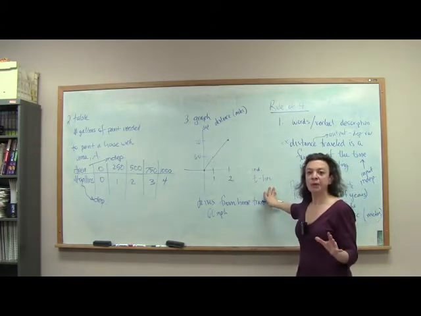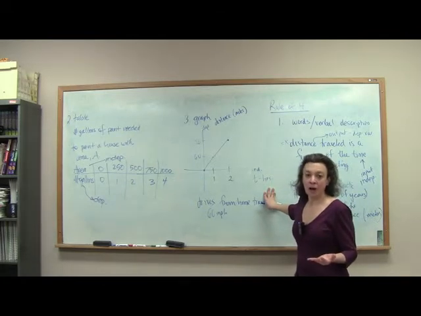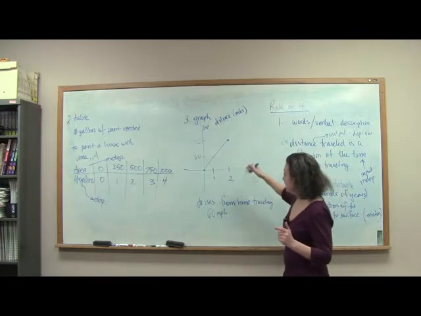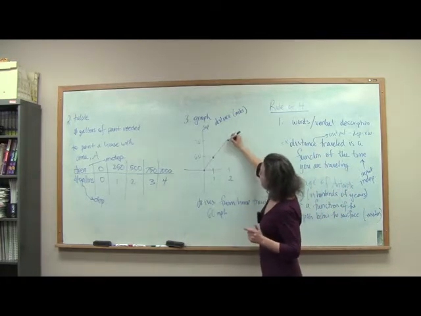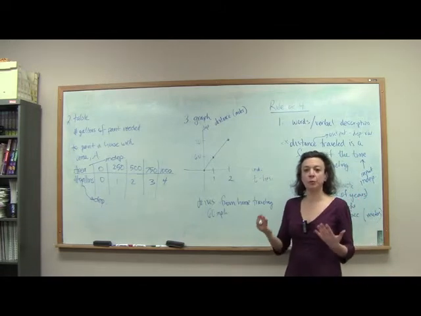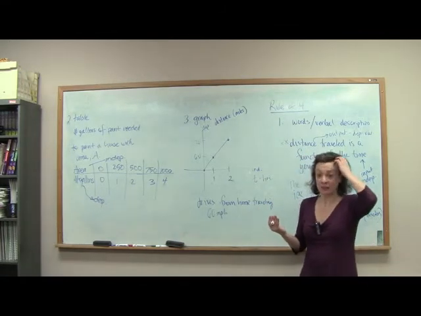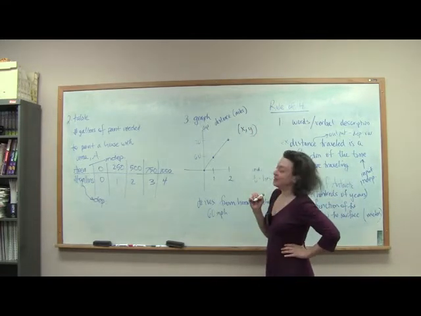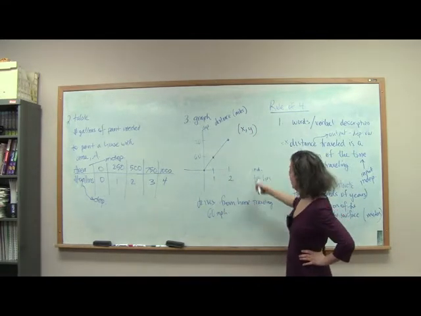Now, as you recall, when we talk about our graphs, we like to label our ordered pairs. Okay? All of these points here are called ordered pairs. They're called ordered pairs because the order in which we write the numbers matters. Okay? You guys have probably learned that it's x comma y.